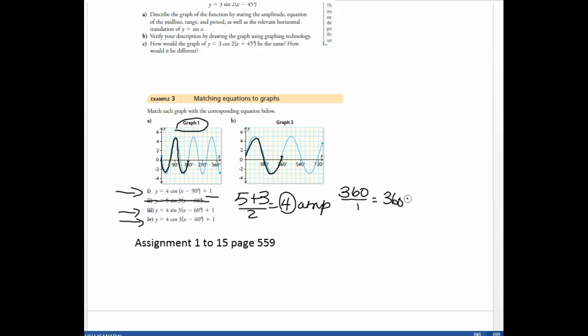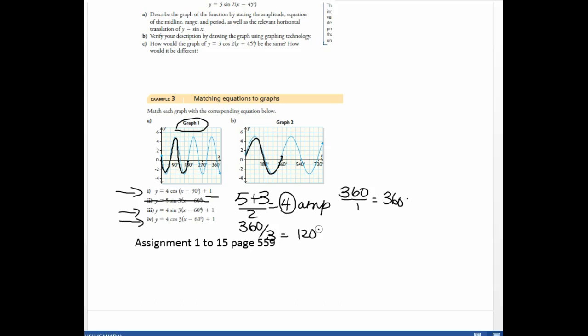Okay, and then these ones have a period length of 360 divided by 3, which is 120. And then it's either moving to the right 90 degrees or it's moving to the right 60 degrees is what they're saying.